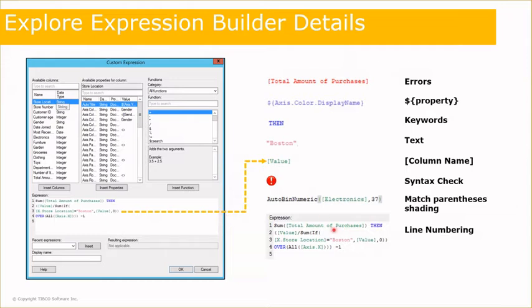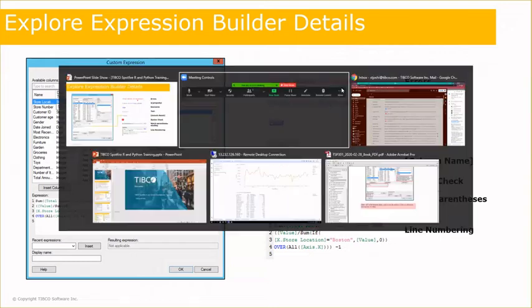Line numbering is provided in expressions. If you have a complex expression like this and write it in multiple lines, it is easier to track any errors if they occur. Okay, so let's go to the tool.